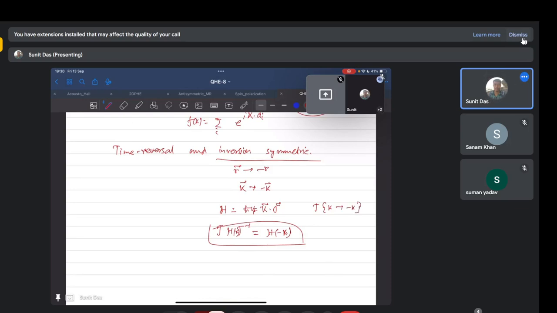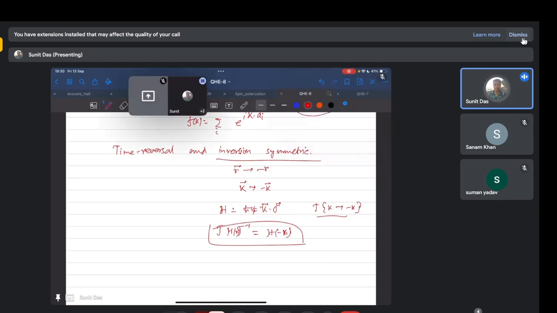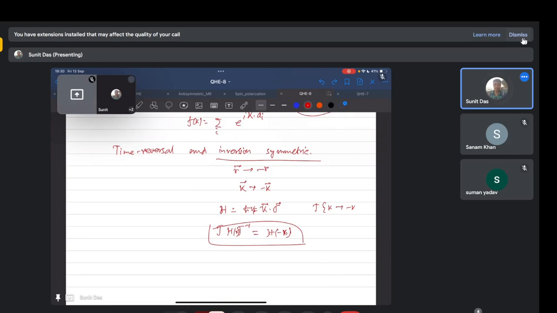Now if we have the Hamiltonian at k and minus k the same, then we can say that under time reversal the Hamiltonian is TRS symmetric, and so are the band dispersion and other things. And for this you can simply apply i sigma y K, where K is the complex conjugation operator. So this you can easily show.